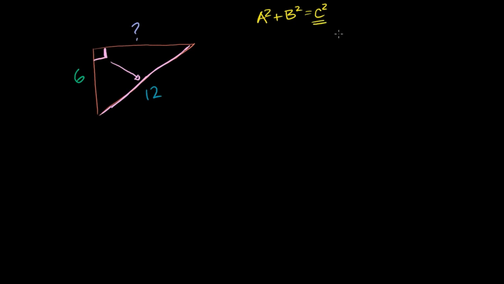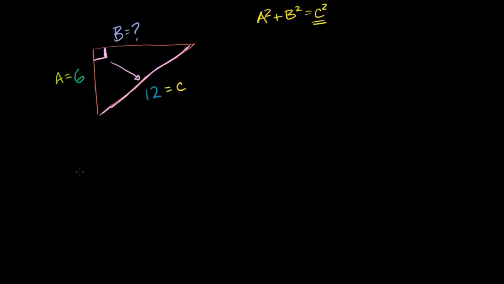This is the hypotenuse. The c squared is the hypotenuse squared. So you could say 12 is equal to c. And then we could say these sides, it doesn't matter whether you call one of them a or one of them b. So let's just call this side right here, let's say a is equal to 6. And then we say b is equal to question mark.